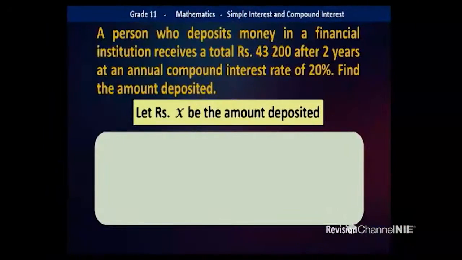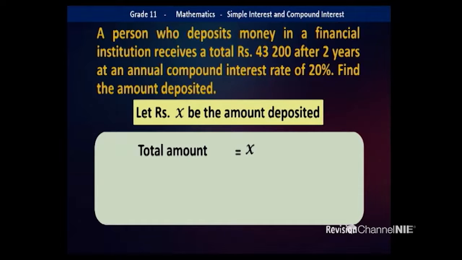Then if you don't know something, you know the algebraic term you use for unknowns. Usually you take x, you can take any other letter, but here I took x. Unknown initial amount, the principal amount, let us take it as x. Then based on that we can calculate the total amount.